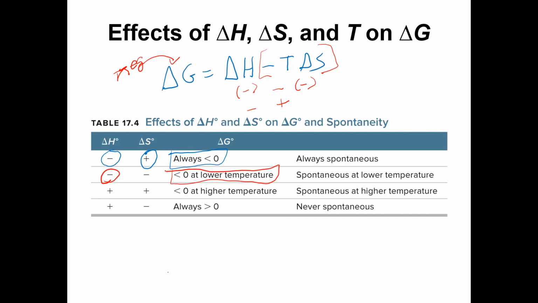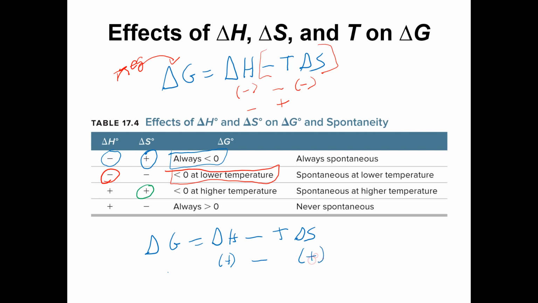Now, what if we have the situation where delta S is positive, which should be spontaneous, but delta H is positive, which would not be spontaneous? So again, if we take our equation, delta G is equal to delta H minus T delta S. Even if delta H is positive, we're subtracting this term.